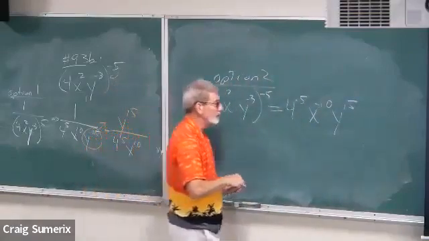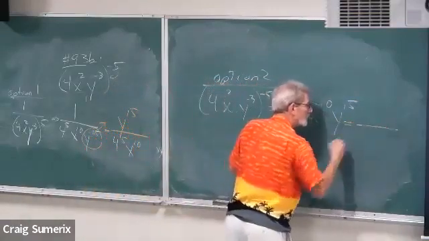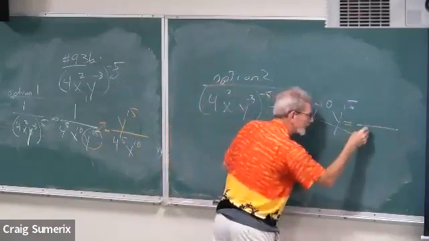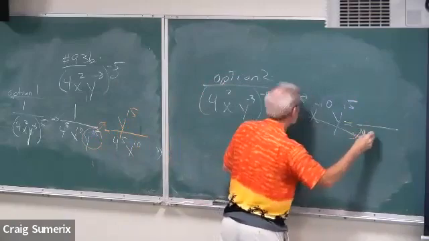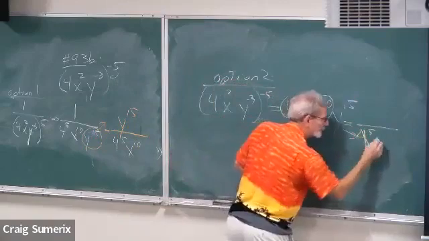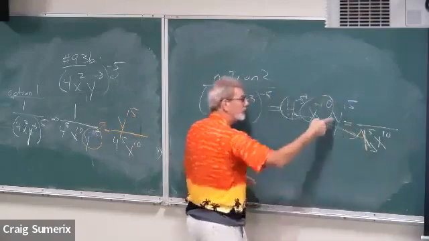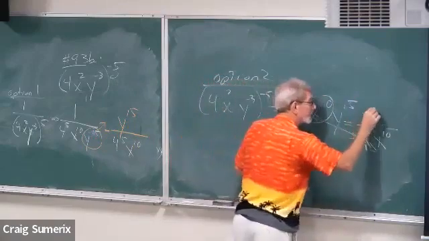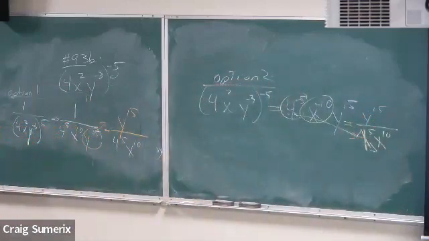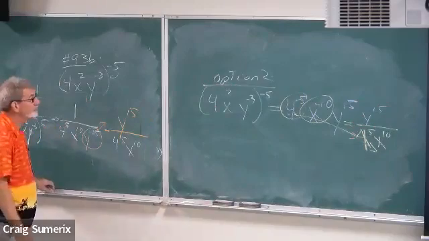Now deal with them individually. This is negative. It has to go downstairs and become positive. This one's negative. It has to come downstairs to become positive. This one is positive. It stays upstairs. I get the same answer either way. Yeah. Our test.